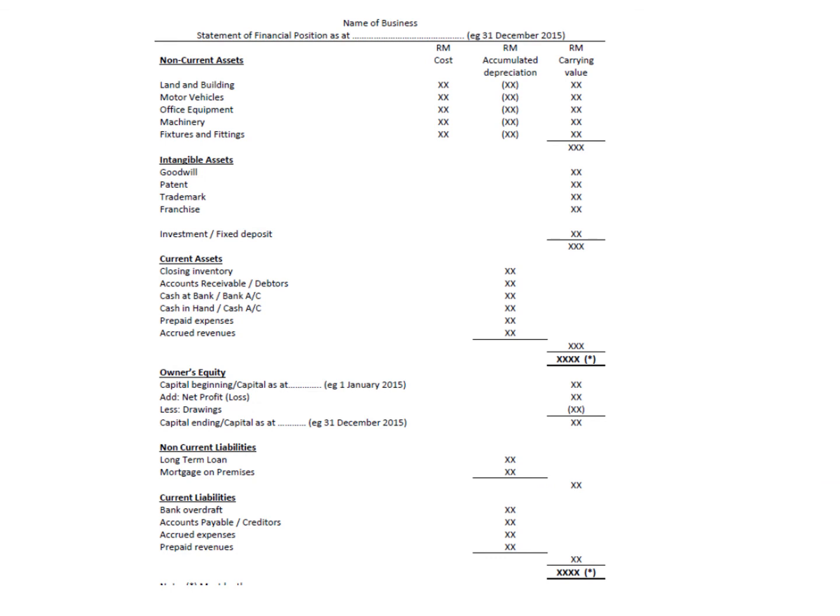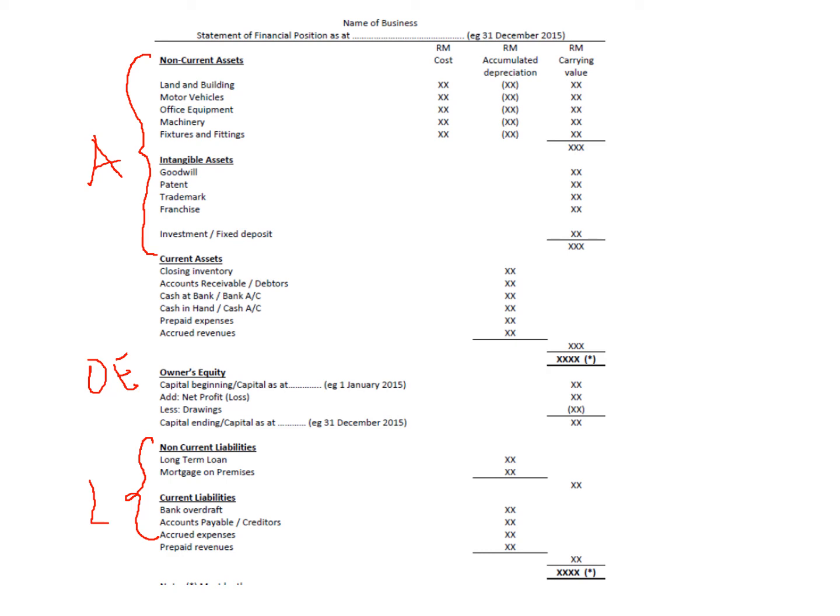Attached here is a sample of the statement of financial position which has been prepared at the end of the accounting period. So here we can see that the statement of financial position will show the status of the assets, followed by the owner's equity, and also the position of liabilities.